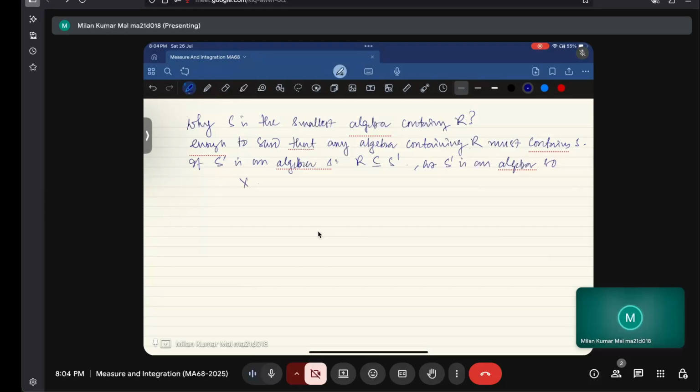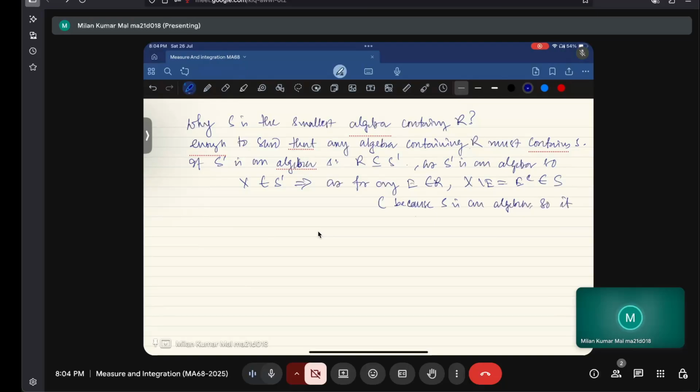That implies that for any E belongs to R, X minus E, which is E complement, has to be in S dash, because S dash is an algebra, so it is necessarily a ring.